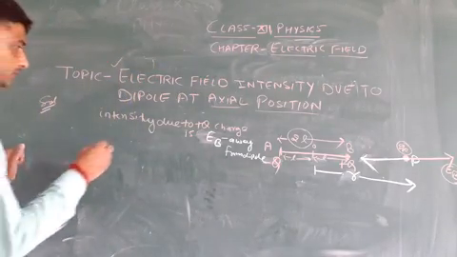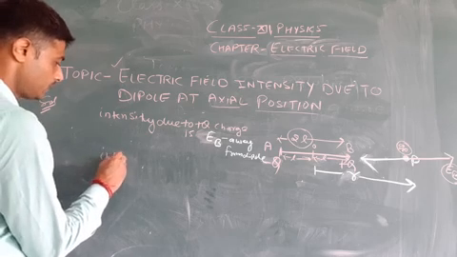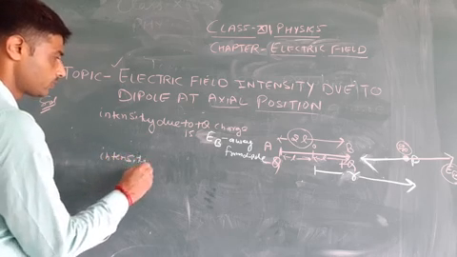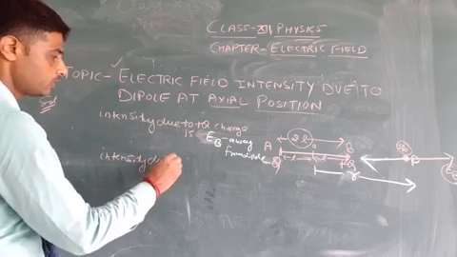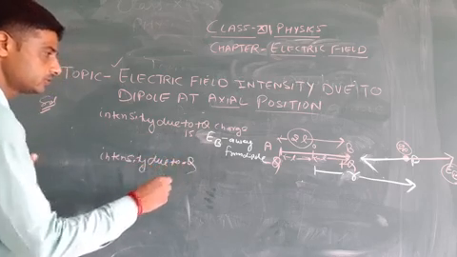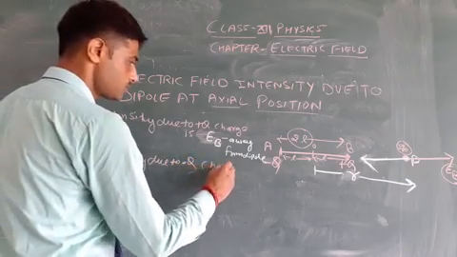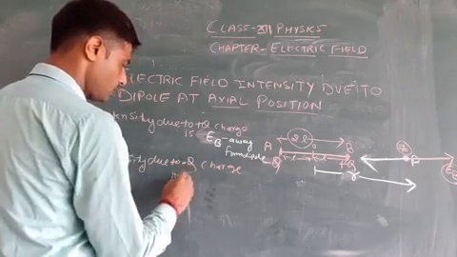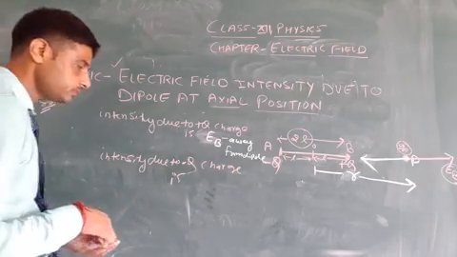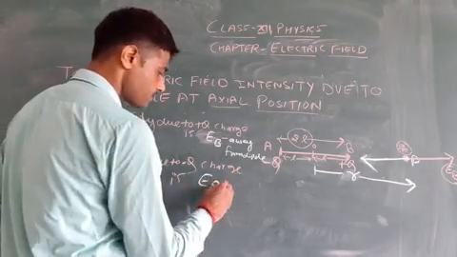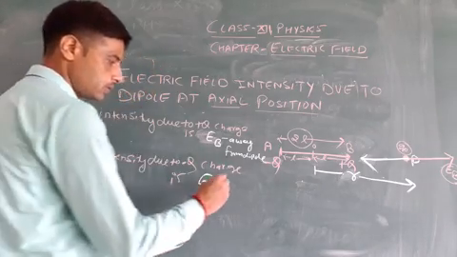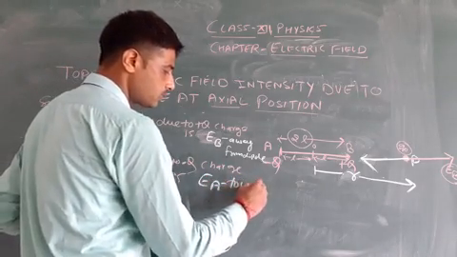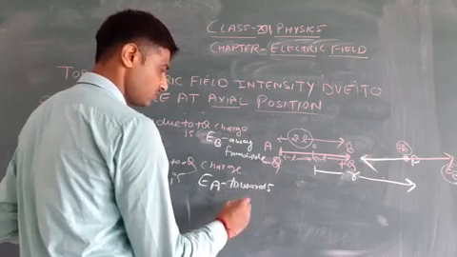So you can write: intensity due to minus Q charge is EA, towards the dipole.